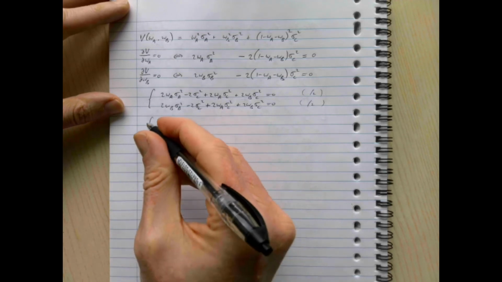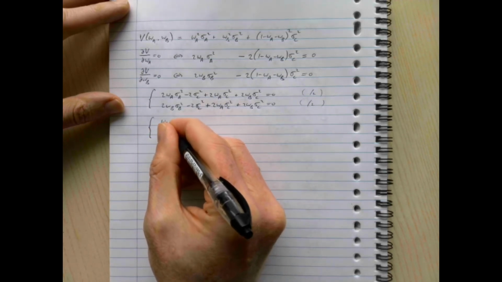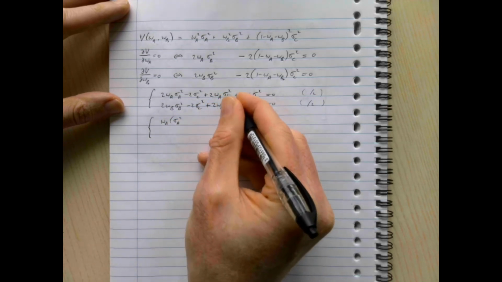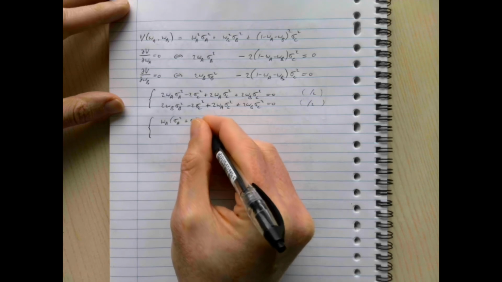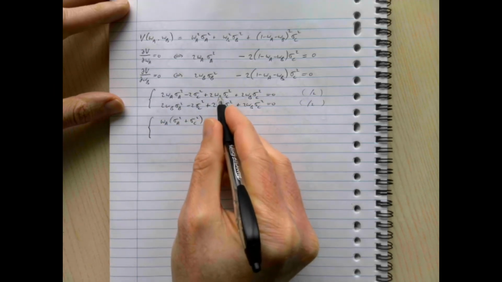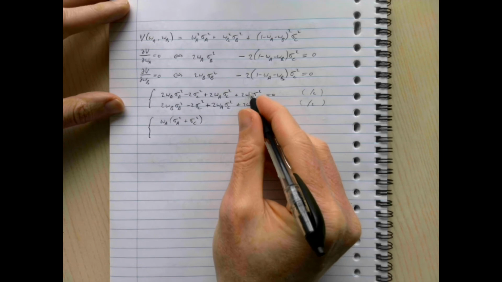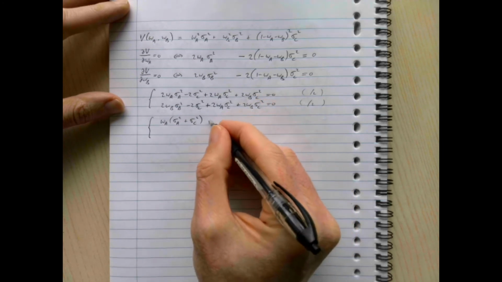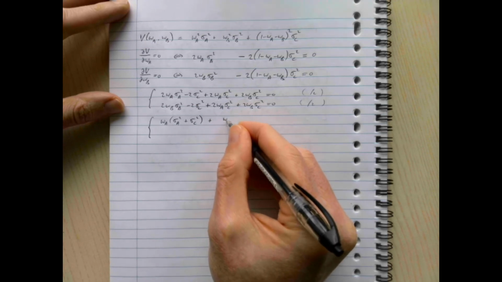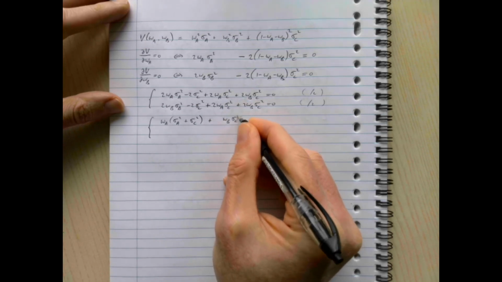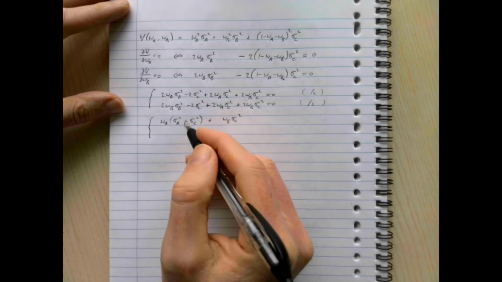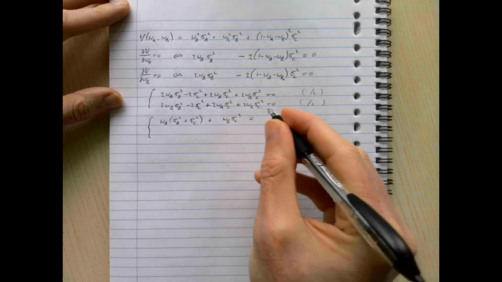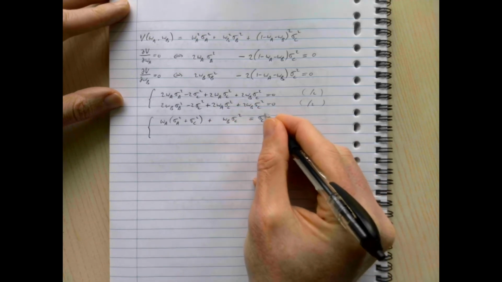I get WA times sigma A squared plus WA times sigma C squared. Those are all the WA terms. Then my WB term: again, I have divided by 2, so I'm losing the 2 here, so it just gives me plus WB times sigma C squared. And finally, with a sigma C squared on the other side, equals sigma C squared.